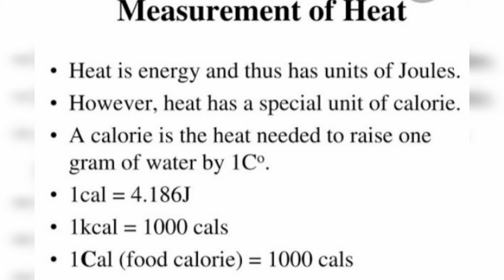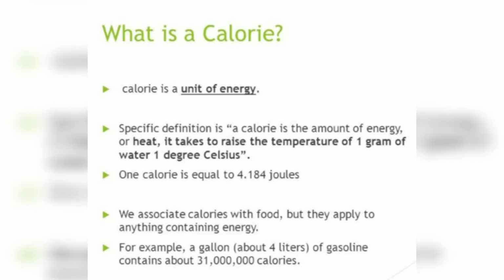Now we have to define calorie. Calorie is the heat required to raise 1 gram of water through 1 degree Celsius. Means ఒక గ్రామ్ ఆఫ్ వాటర్ని 1 డిగ్రీ సెంటీగ్రేడ్ టెంపరేచర్ రైజ్ చేయడానికి ఎంత హీట్ అయితే సప్లై చేయాల్సి వస్తుందో దాన్నే మనం క్యాలరీ అని డిఫైన్ చేస్తాం.